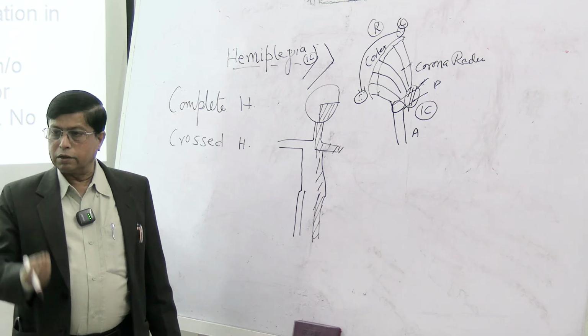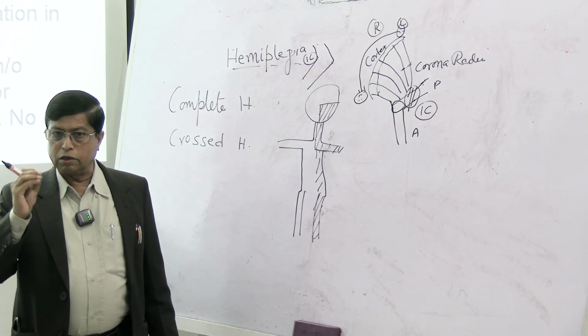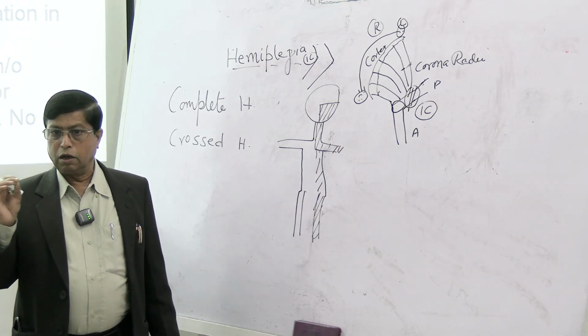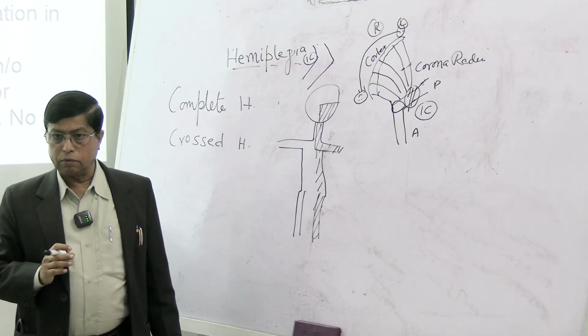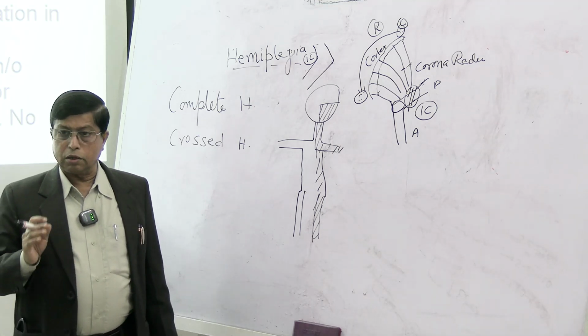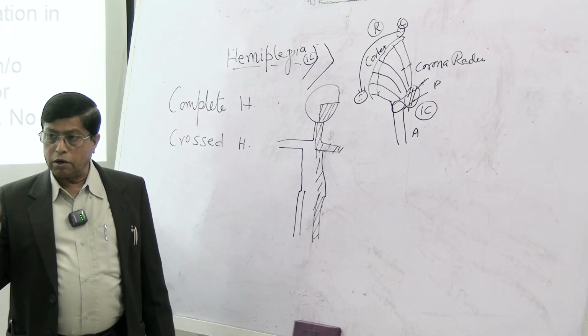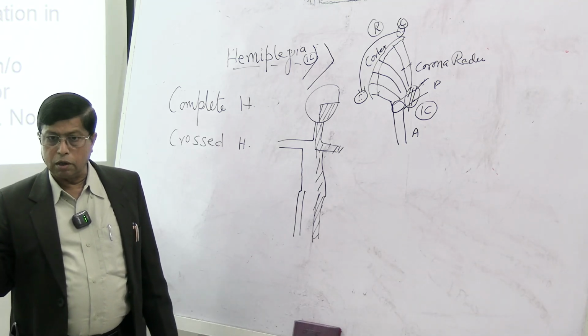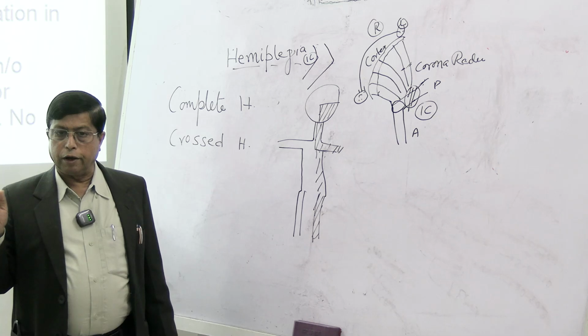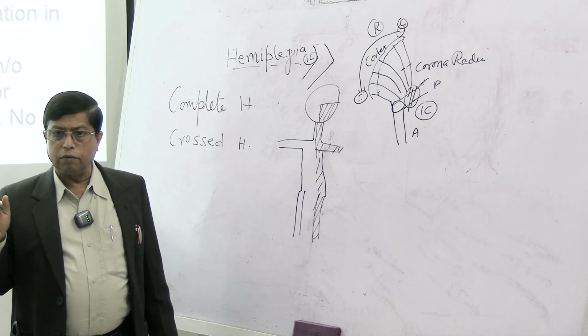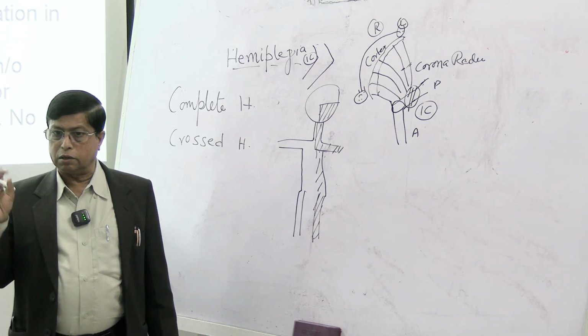It arises from the middle cerebral artery, very small arteries called lenticulostriate branches, that supply the internal capsule. So in most cases hemiplegia is due to a lesion in the internal capsule. I cannot tell it definitively, but the possible artery involved is the lenticulostriate branch of the middle cerebral artery.